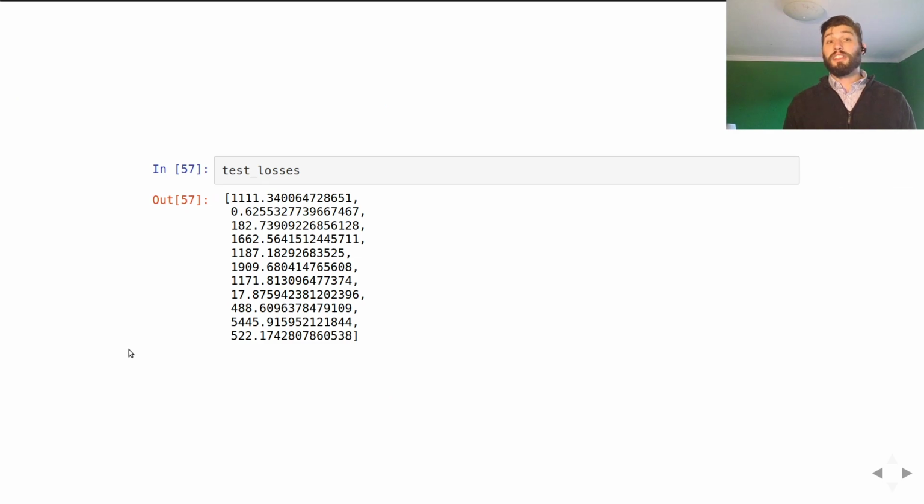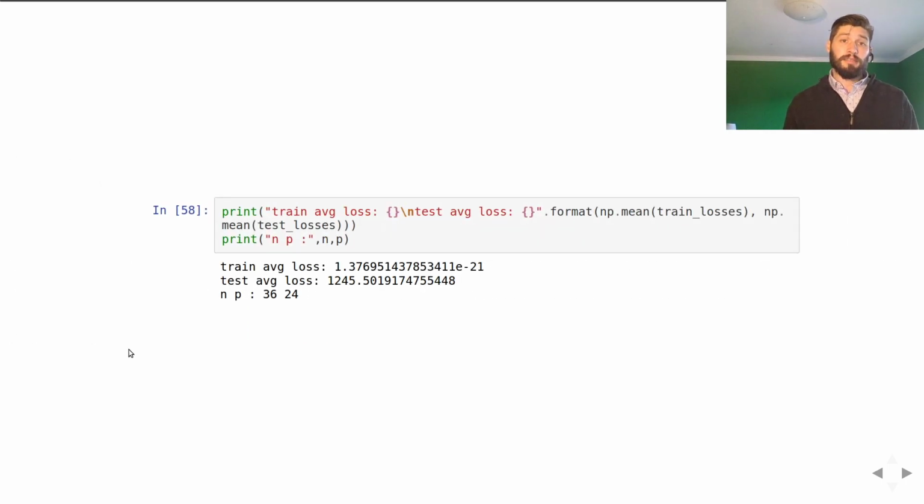Okay, if we look at our test losses, these vary quite wildly, right? And the losses are in the thousands. If we average the training loss, this is effectively 0. So this is our empirical risk. And if we average our test loss, this is huge. So there's a massive discrepancy between the training and test data set.